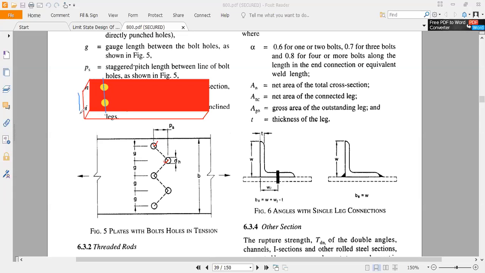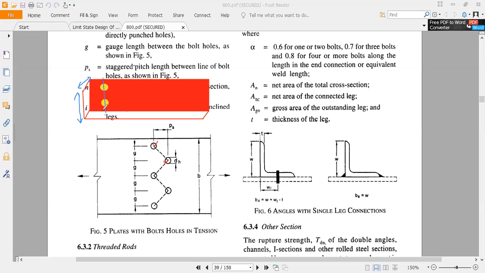See, this dimension is basically B, and this is T. Is it clear? Now, if you think that this section is critical, then what will be the area of the face?